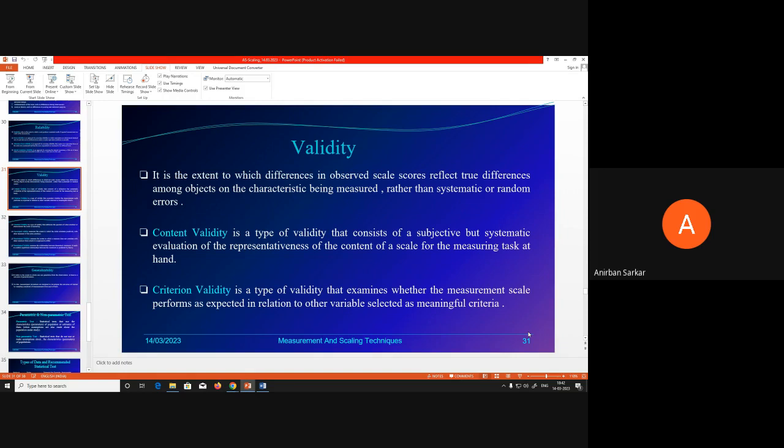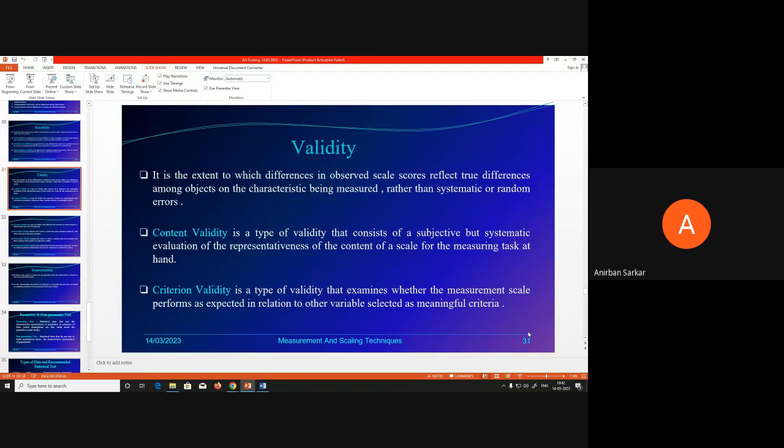So along with content validity, you may use criteria validity as well. Now, what is criteria validity? A type of validity that examines whether the measurement scale performs as expected in relation to other variables selected as meaningful criteria. Generally, you use certain criteria variables, say demographic variables, psychographic variables, attitudinal variables, or behavioral variables.